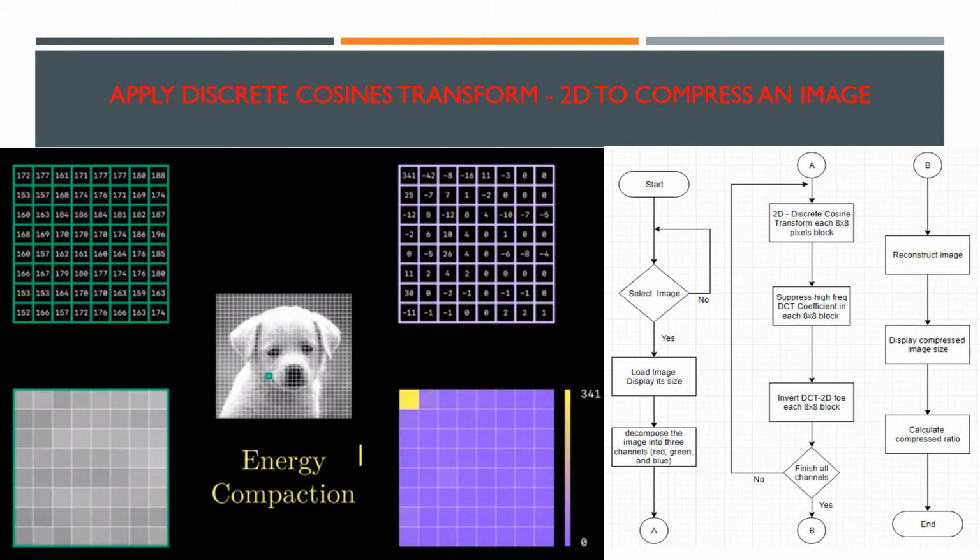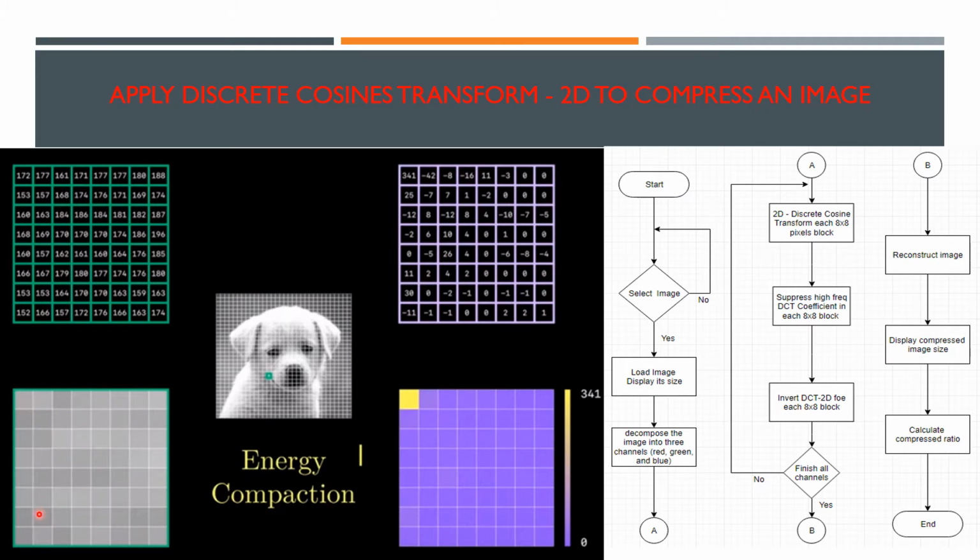To apply the 2-dimension discrete cosine transform to compress an image, first of all we have an observation. Usually in those small 8 by 8 pixel blocks, the change in color from pixel to pixel is not too much.